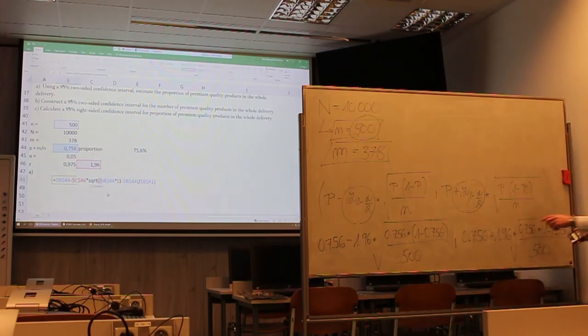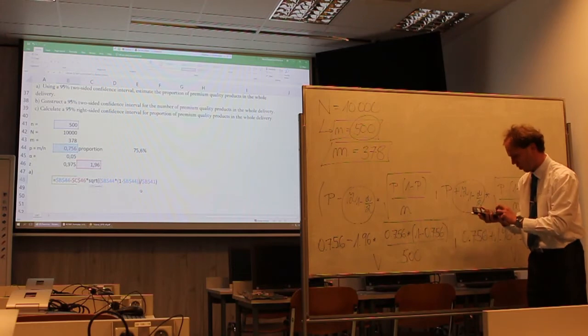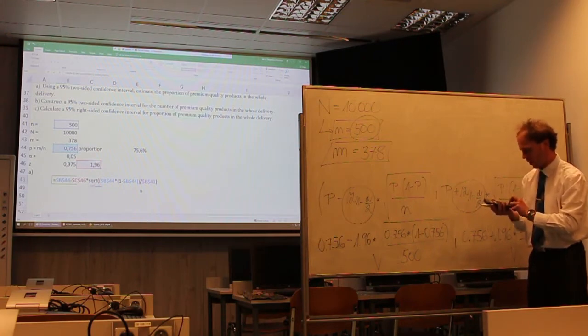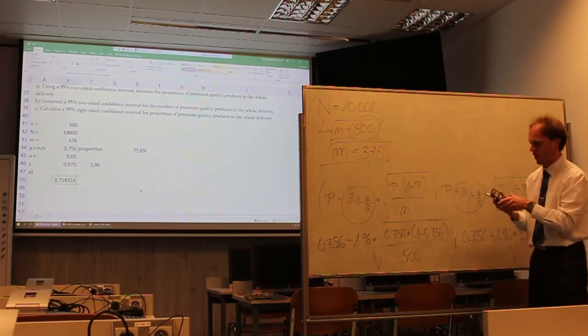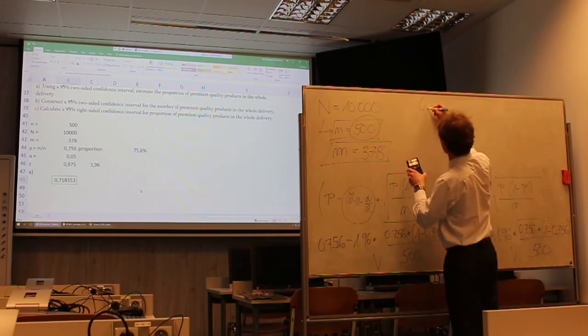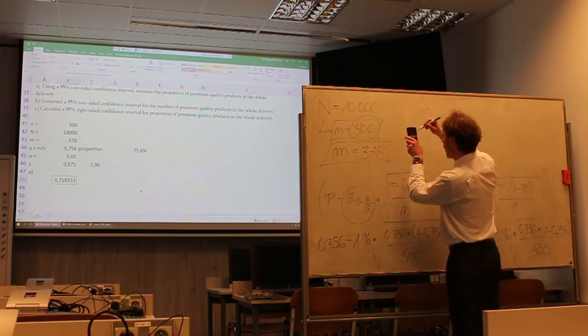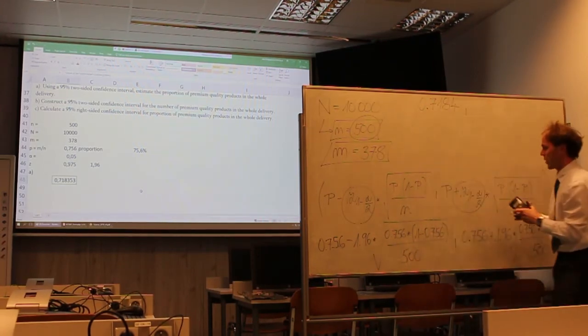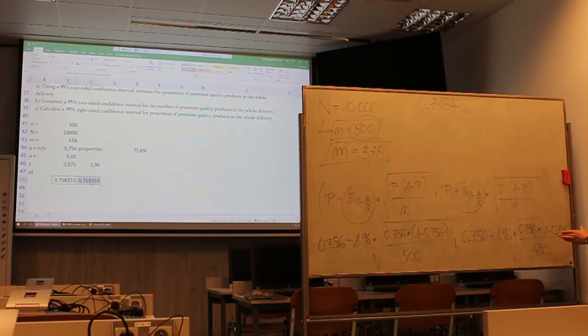left side and right side. Yes, so what is here? 1 minus 0.756 times 0.756 divided by 500, square root of this value, times 1.96, and 0.756 minus this value, 0.7184. So this is the left side and the right side. Again, we must start inside parentheses.